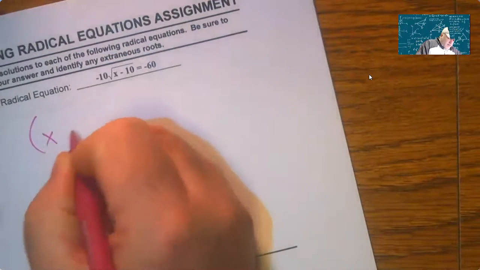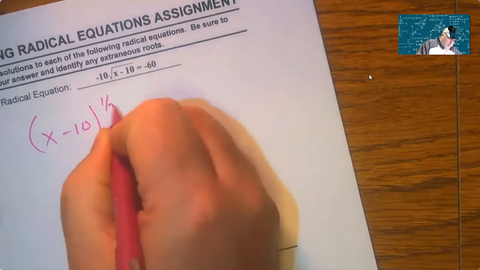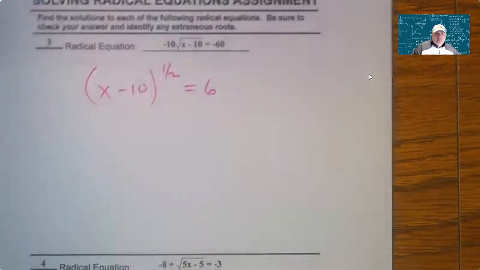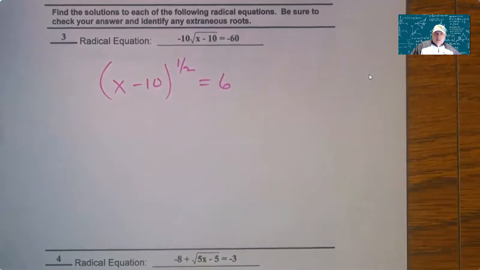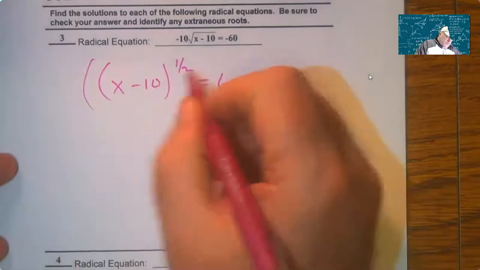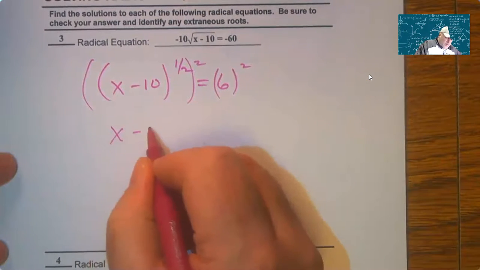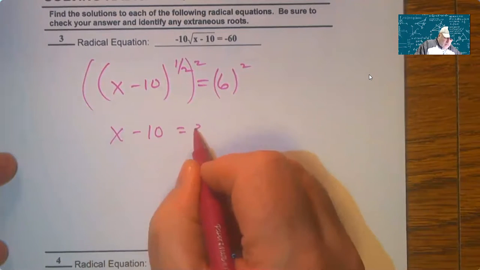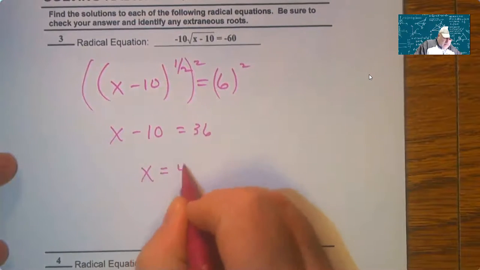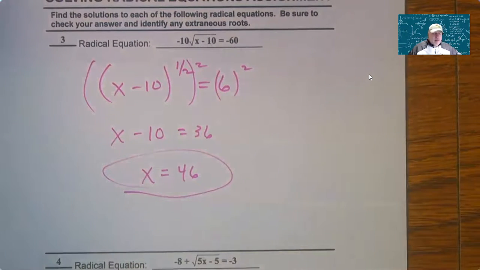So we have x minus 10 to the 1/2 power equals 6. And so we want to square both sides. We're not going to worry about losing a root here because the numerator power is even. So we're going to add 10, and 46 is going to be the answer.